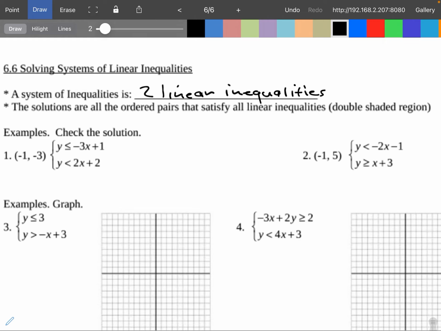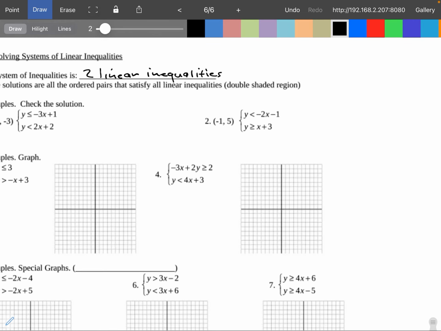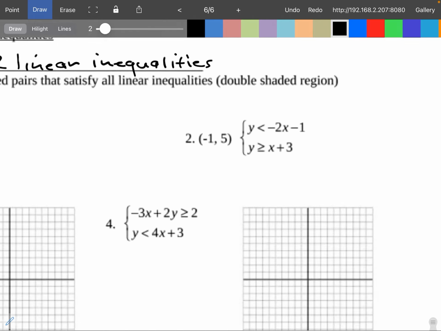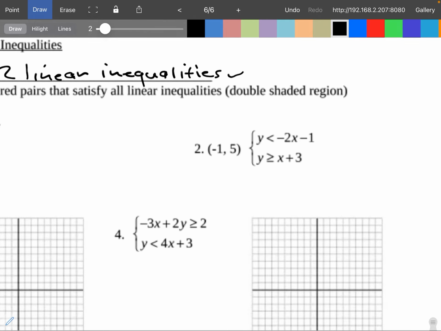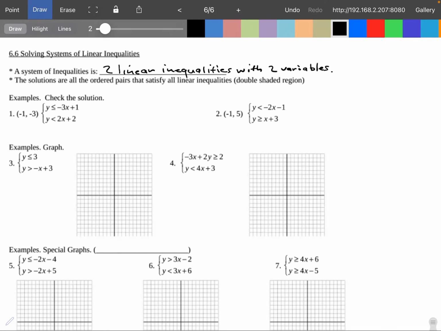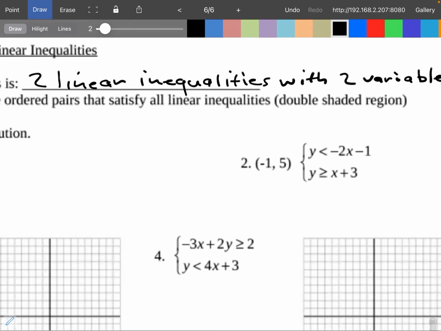All right, so the first blank up there, it says a system of inequalities is just two of the linear inequalities we had yesterday. So this is two linear inequalities with two variables.